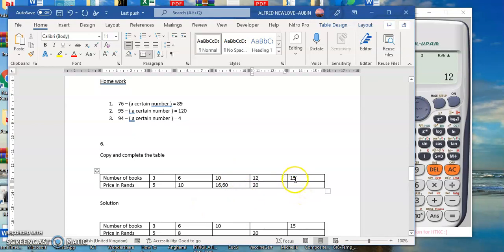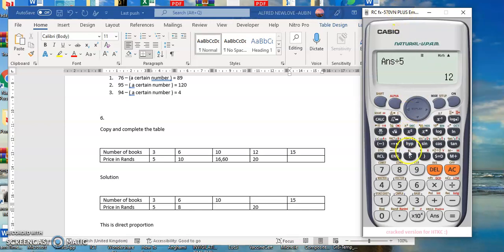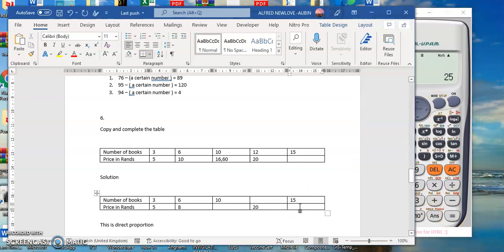So this side we are going to have 15 times 5 divided by 3, and it gives us 25. So all you need to do is cross multiply.